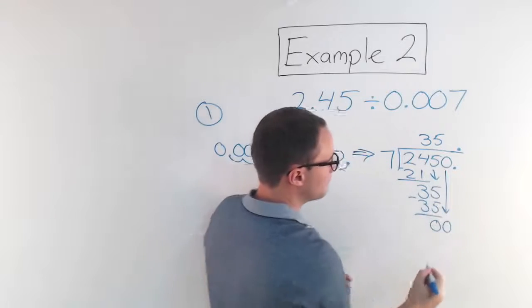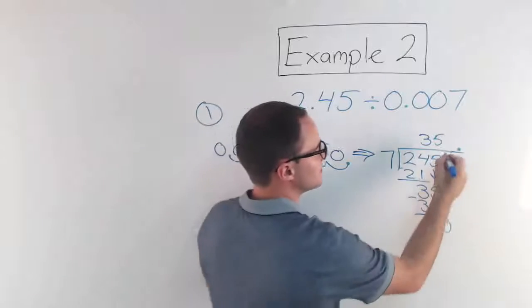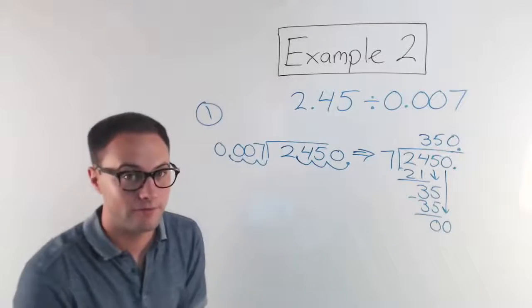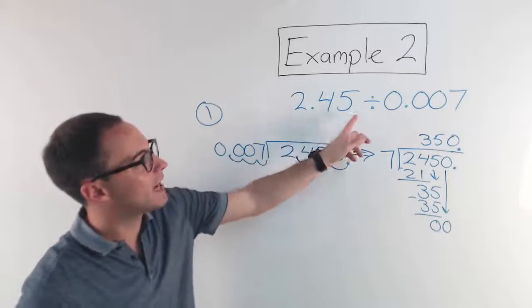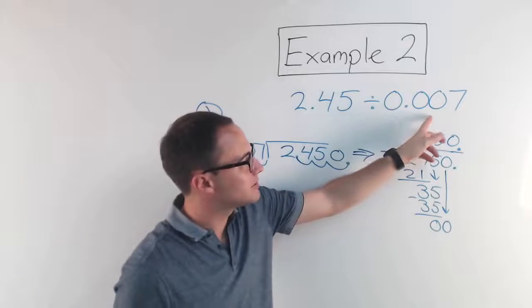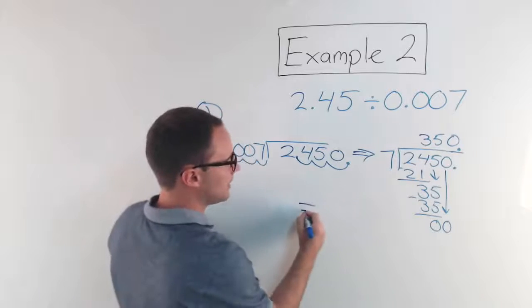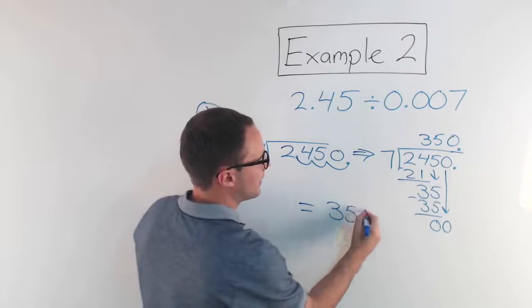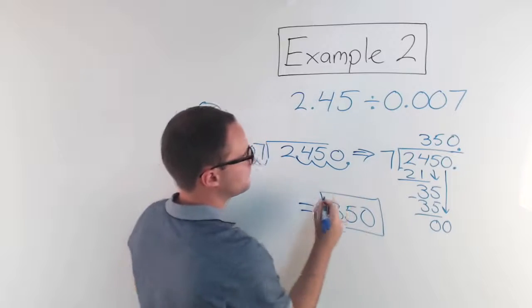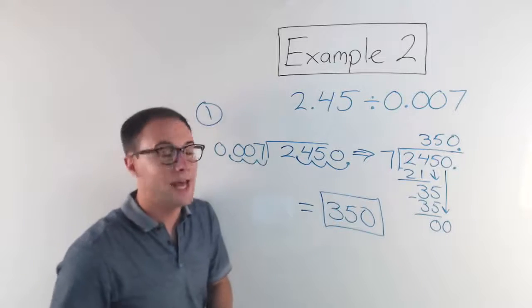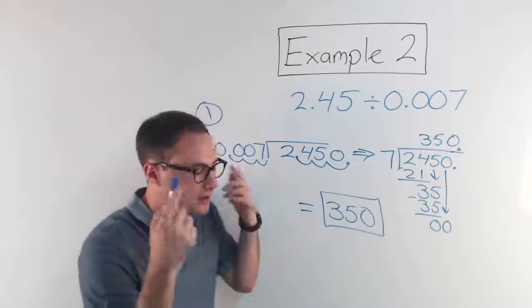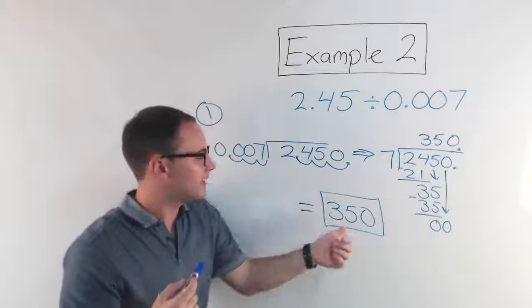Bring down the 0. Well, 7 into 0 is 0. So now I am finished. So 2.45 divided by 0.007 is 350.